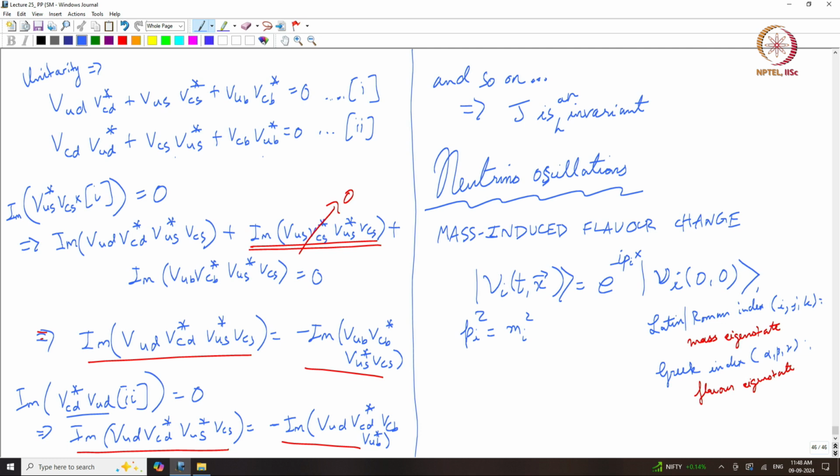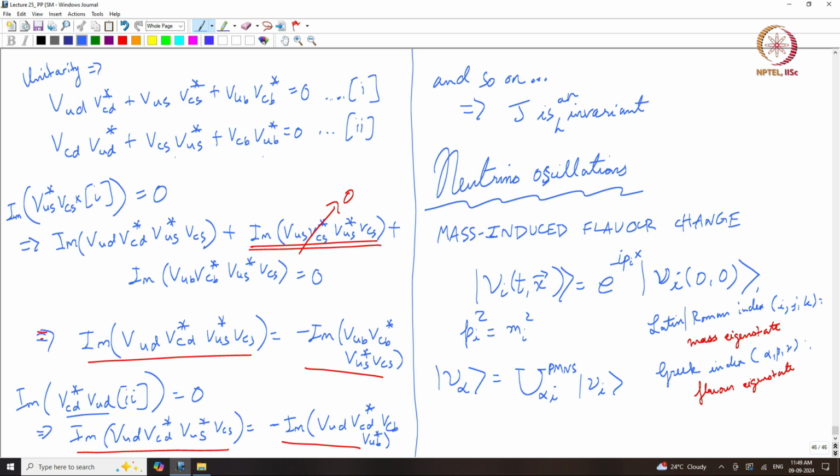And of course, it helps to write one more time the PMNS matrix in this notation. Instead of writing it as a column matrix, I am just going to write it as a ket. See, explicitly I am now using alpha and i together here, so that it shows that there is a rotation from the mass basis to the flavor basis, correct.